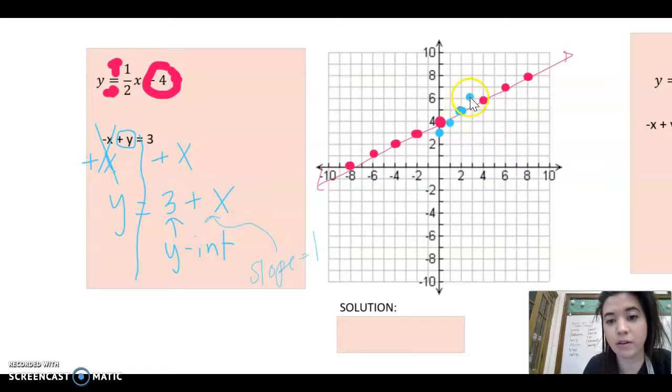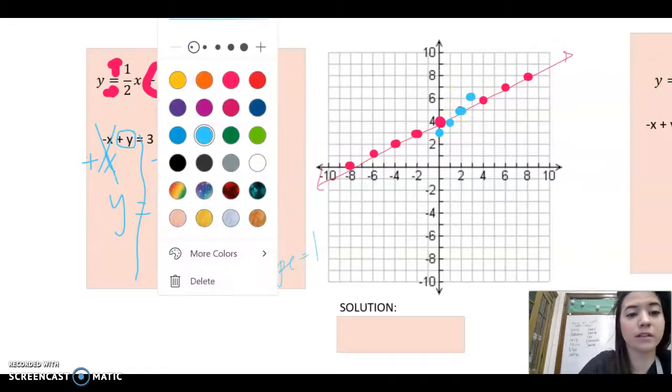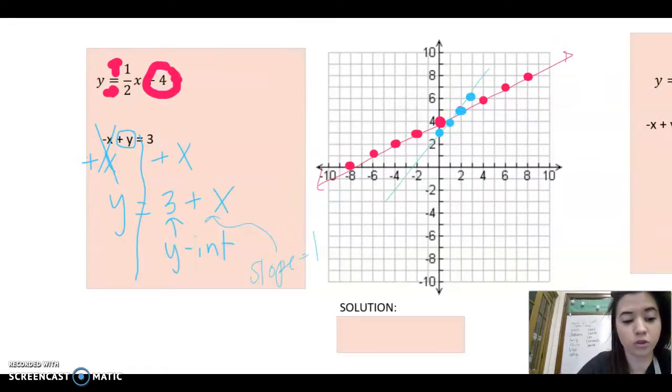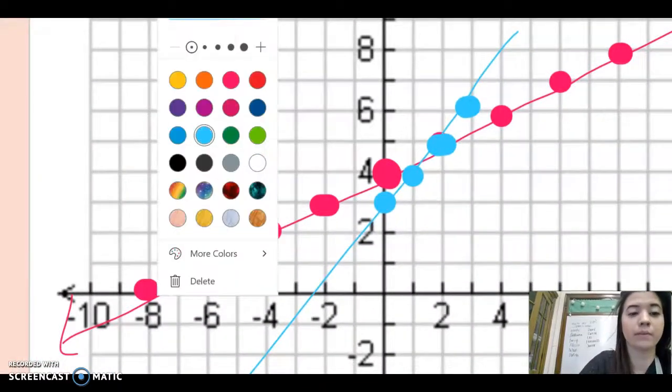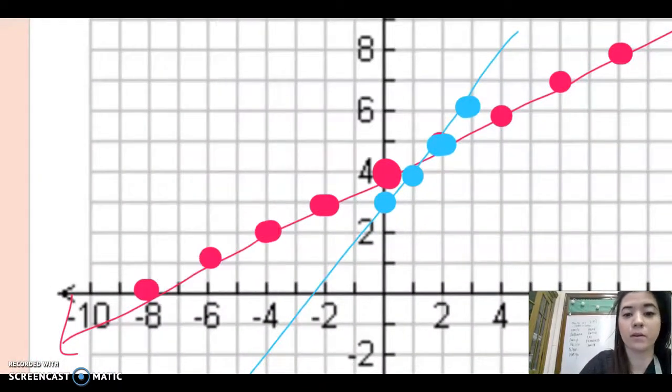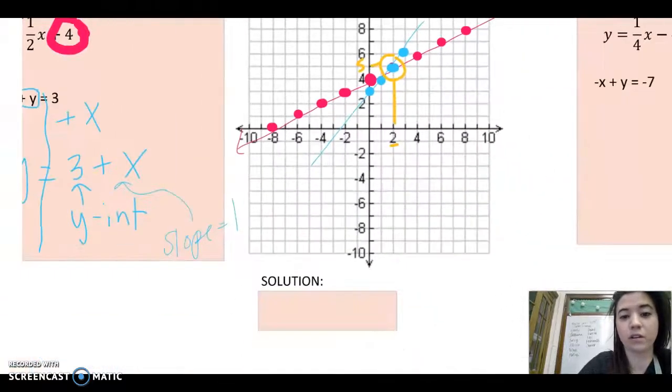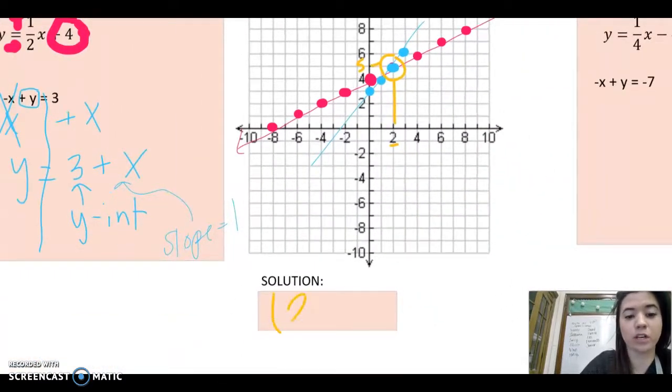And we can see already where they cross. We have this spot right here, and that's the x value of 2, and then 5. So our solution for this one is 2, 5.